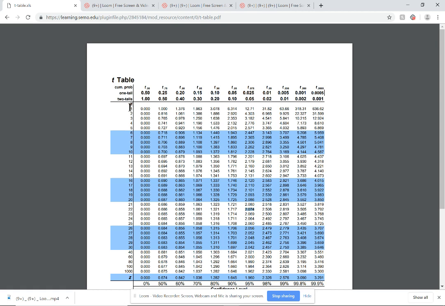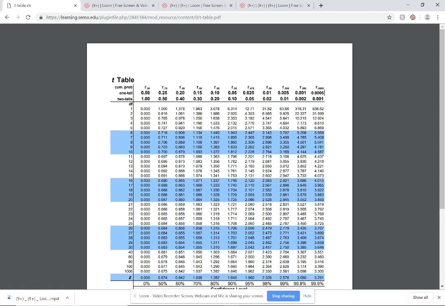Okay, once again, the first thing that you should be doing is looking at the DF column here, the first column on the left. You locate your degrees of freedom, which is 22. Then you look at the first and the second column here, or again, it doesn't matter which one you look at. If you look at one tail here, and one tail is going to be 0.025, and those 2 points intersect here, which is 2.074.